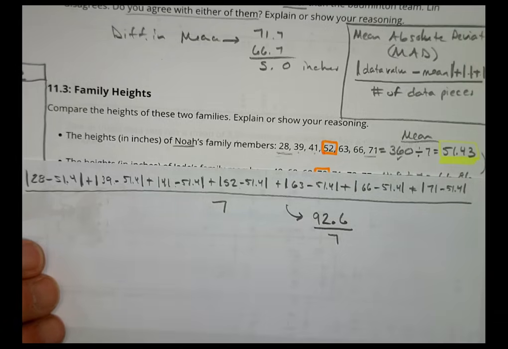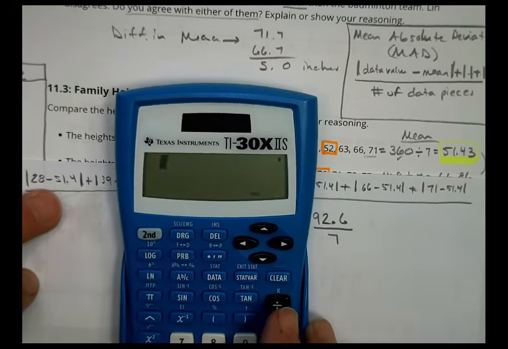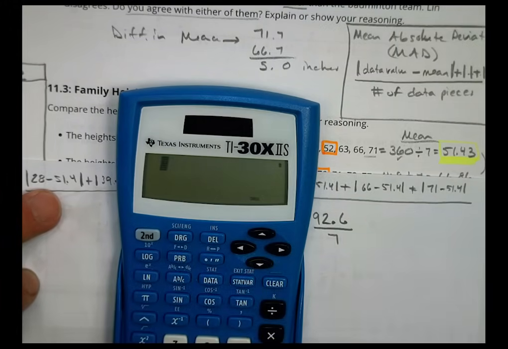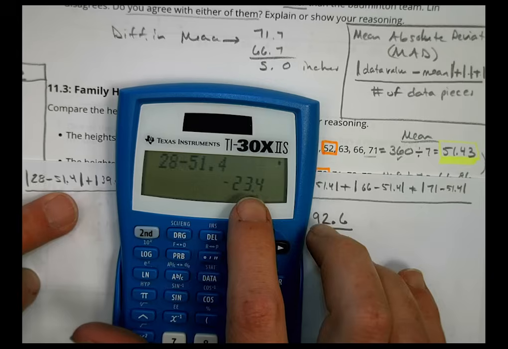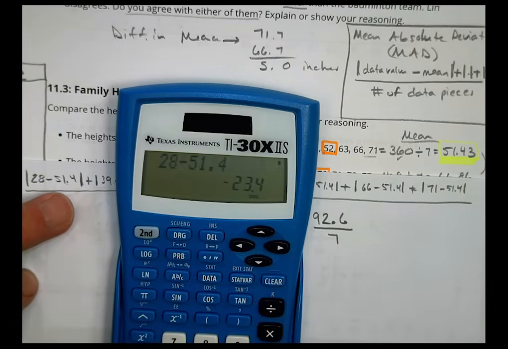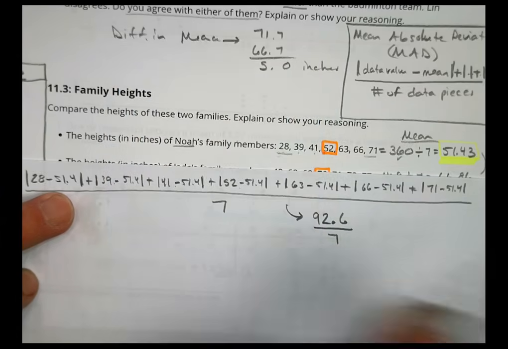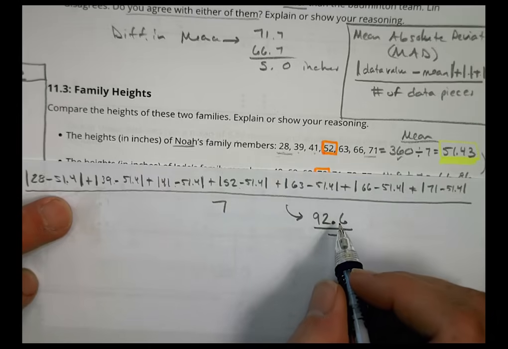You get that by looking at the first one: 28 minus 51.4 gives negative 23.4. But it's the absolute value, so I really have 23.4. I add all those values up and get 92.6, divided by 7.